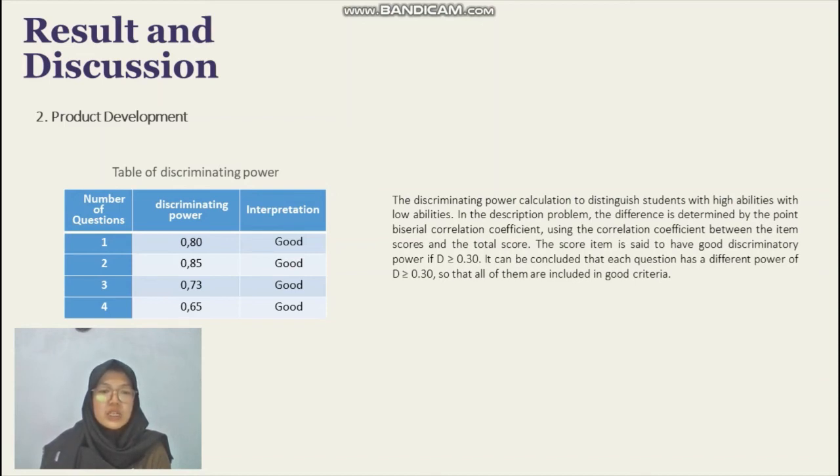Number 3 is good, with a discriminating power coefficient of 0.73, and number 4 is good, with 0.65. It can be concluded that each question has a different discriminating power, more than 0.3, so all of them are included in good criteria.